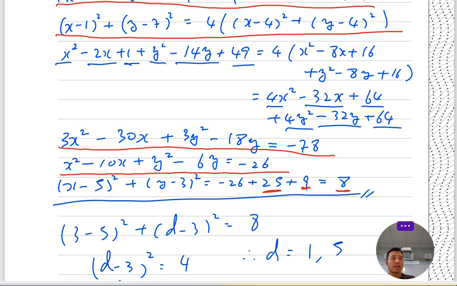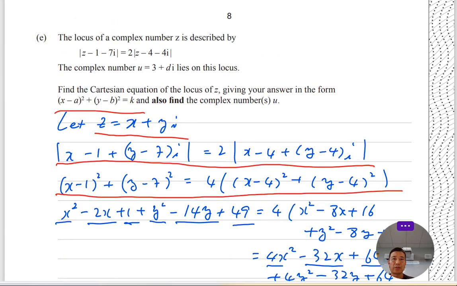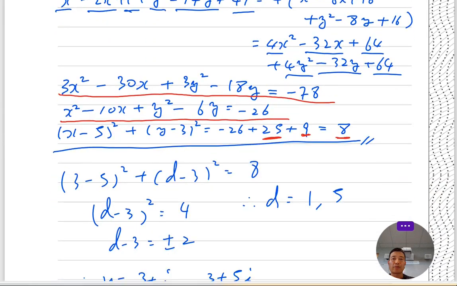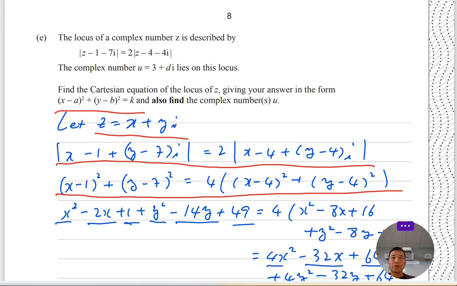So this is a circle with radius square root of 8 and center (5, 3). Now, to find u, sorry, you have to find d first. So you just plug in: u being 3 plus di means the x value is 3 and the y value is d.